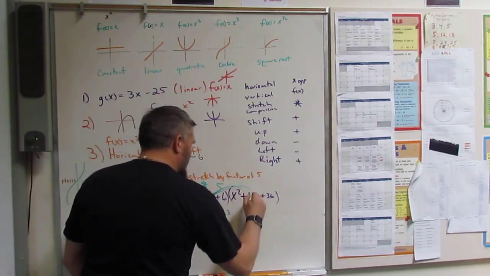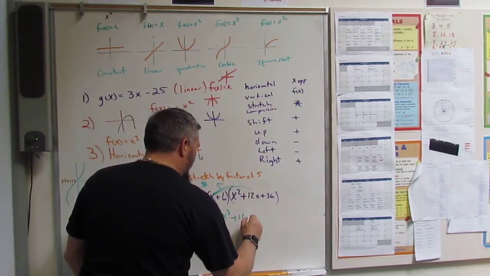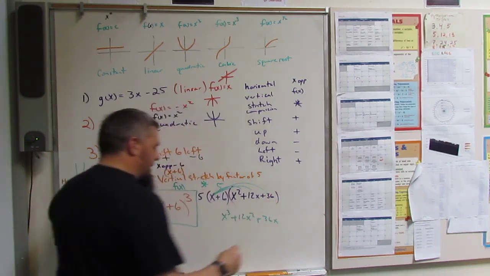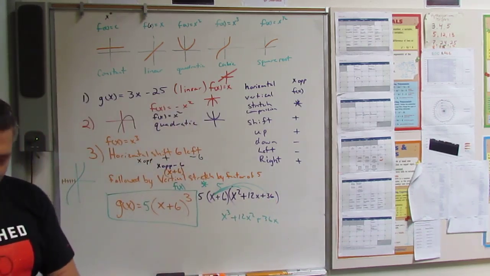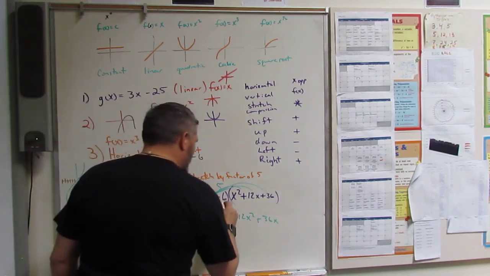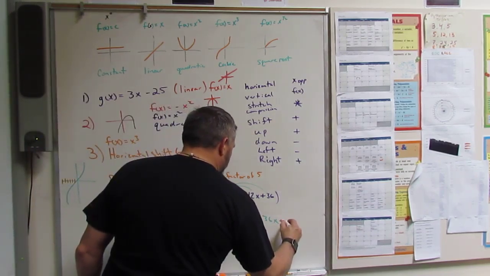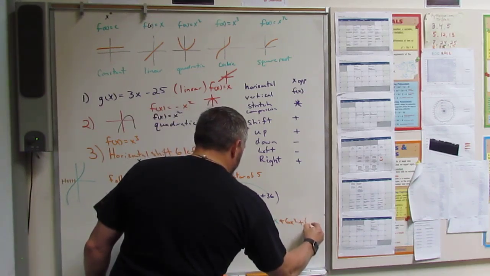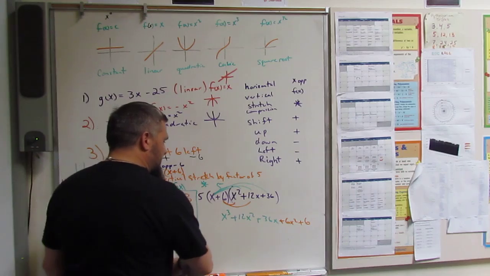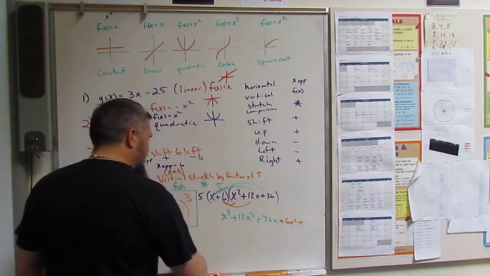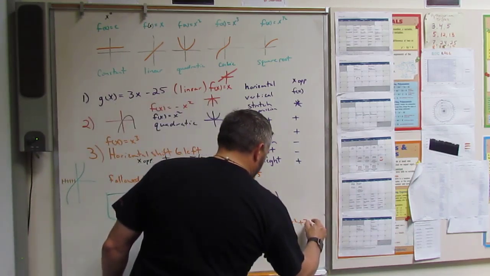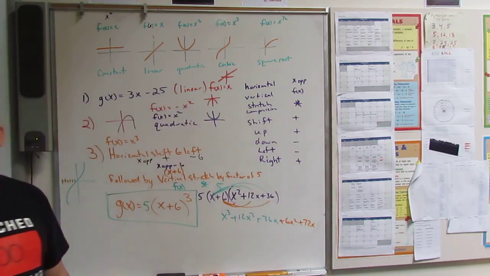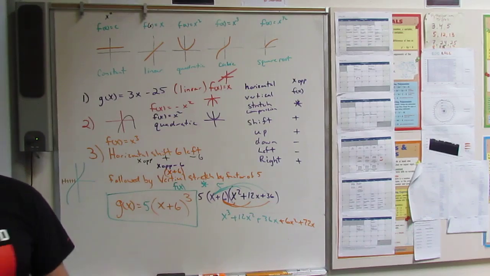X cubed plus 12x squared plus 36x. Right, Dante? Plus 6x squared plus 6 times 12 is 72x plus 6 times 36, so 6 times 3 is 18, so that's 180.